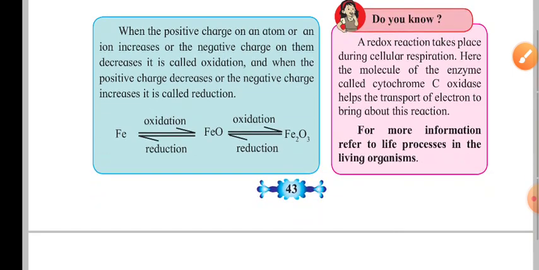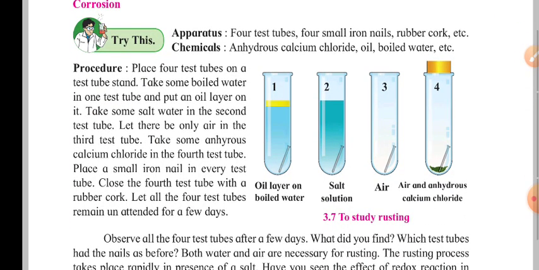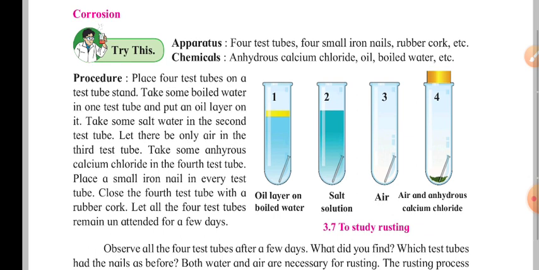Further, the next thing we have to study is corrosion. Corrosion is due to a chemical reaction in nature. For that, you can see here they have taken 4 test tubes.